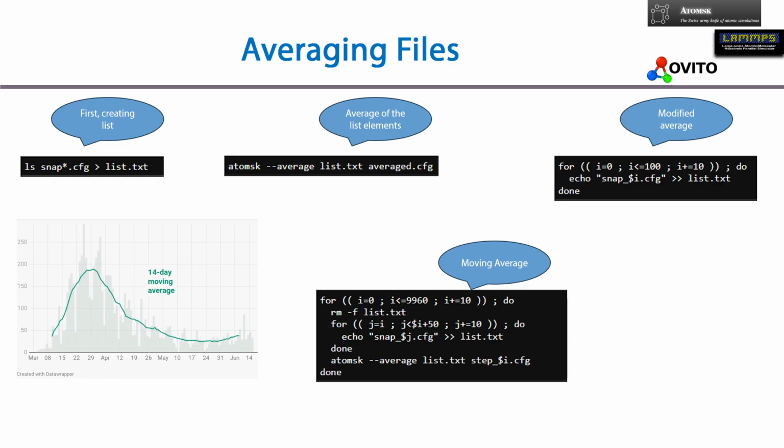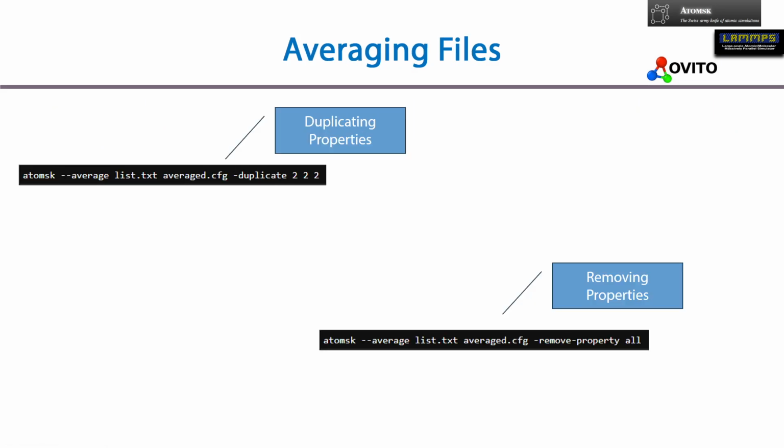In this way, you are storing 4 or 5 files in list.txt. Then when you find the average, you are finding the average of those 5 files only. In the next configuration, the value of j will be 10, so you will now work from 10 to 60. In this way, you will find the moving average. This concept is very important if you have a very randomized point set.